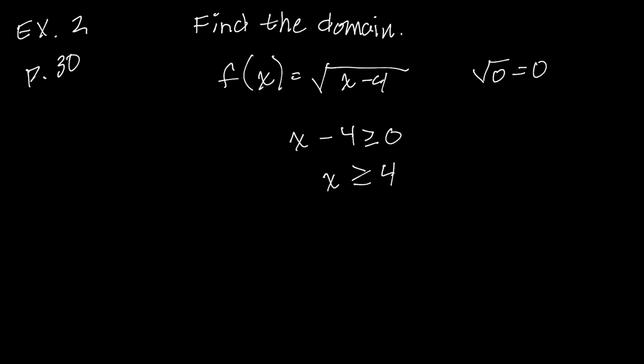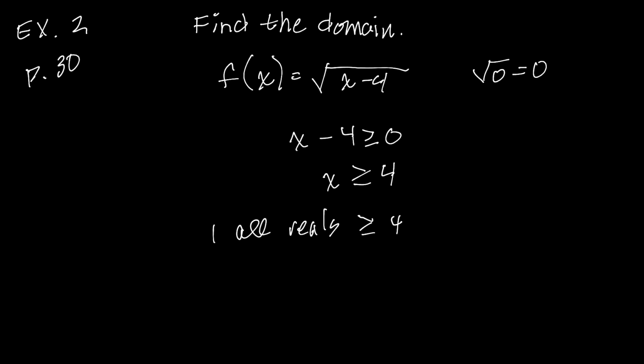So that would tell me that x has to be greater than or equal to 4. A couple of ways that we've talked about doing this: I could say all reals greater than or equal to 4. So that's one way of writing this. Another way to write this is in interval notation.